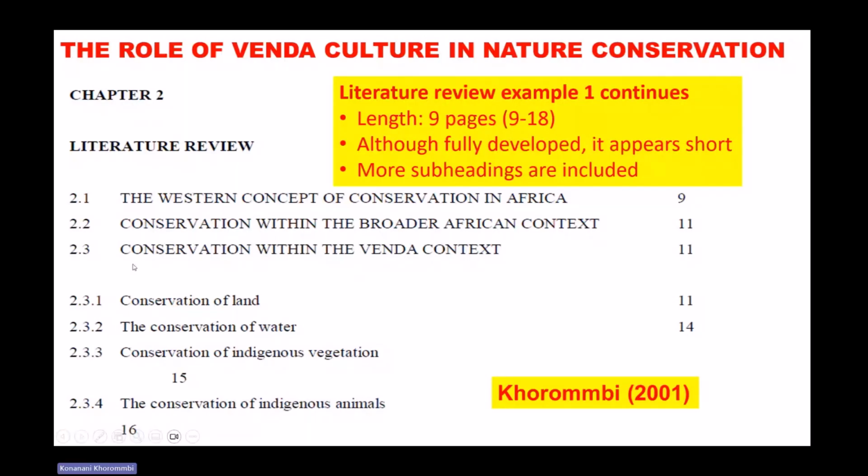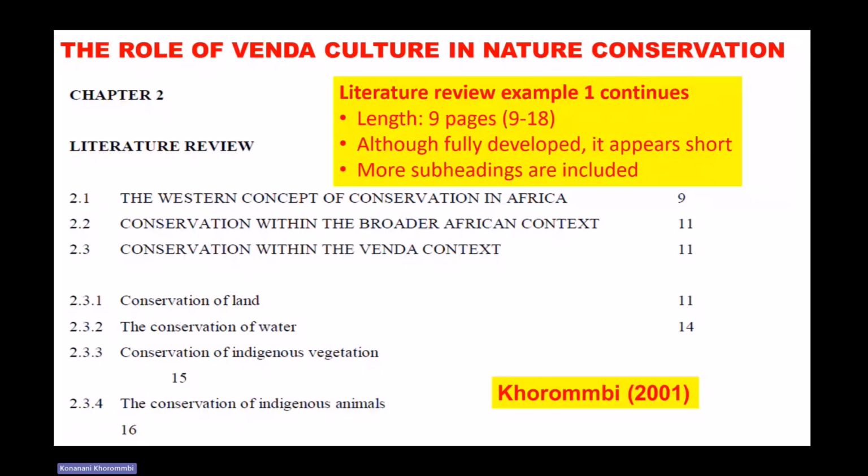I also want to show you that in this study I started from the global to the continental and then to the specific, including the country perspective as well as the provincial perspective.